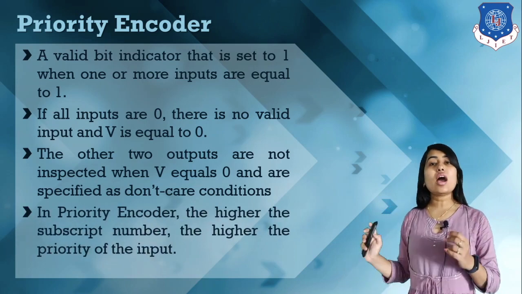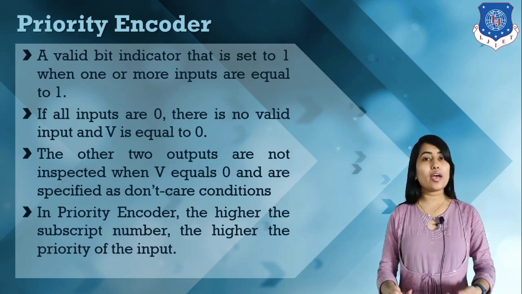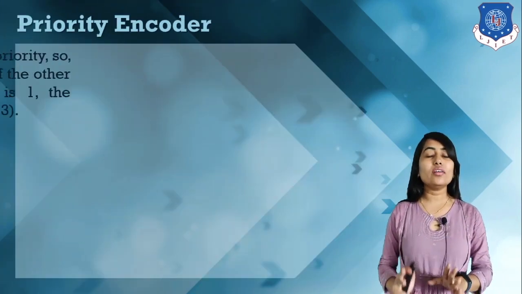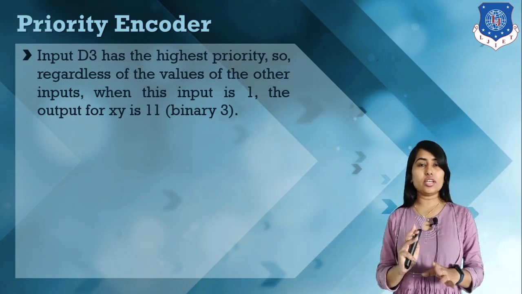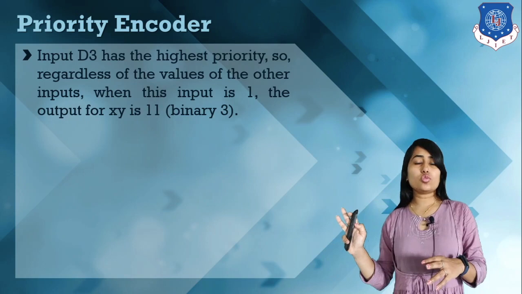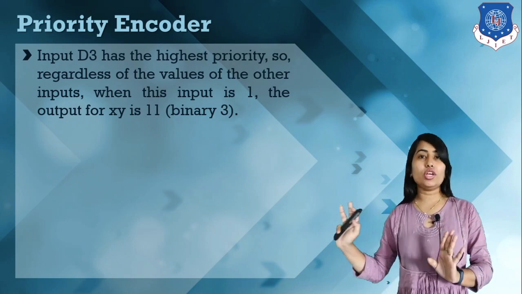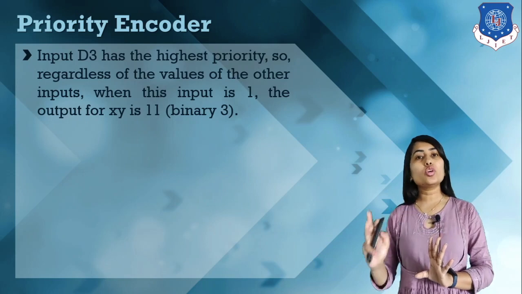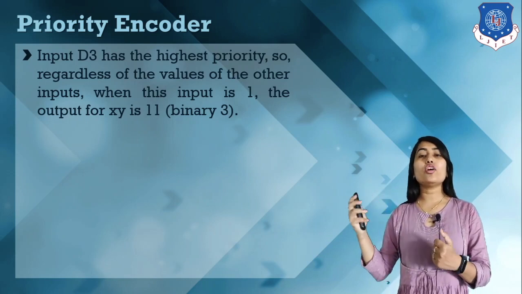So we have the output according to that. Higher subscript numbers have higher priority. If D3 is equal to 1, regardless of the other values, even if D2 is also equal to 1, we have the output according to D3, that is 1 1. For D3 we have output 1 1 on the two output lines.